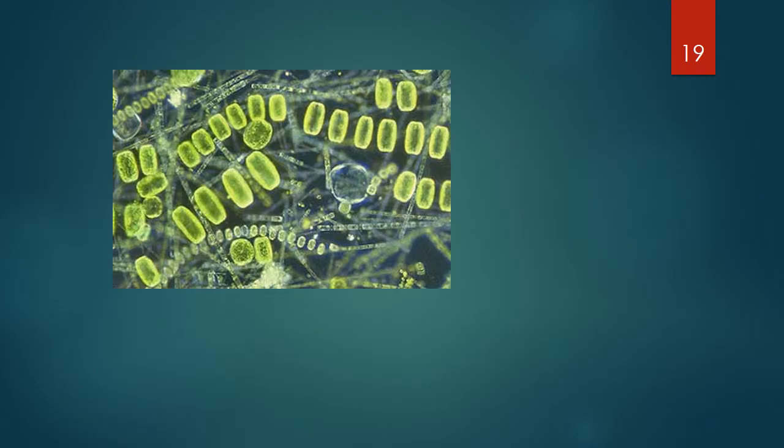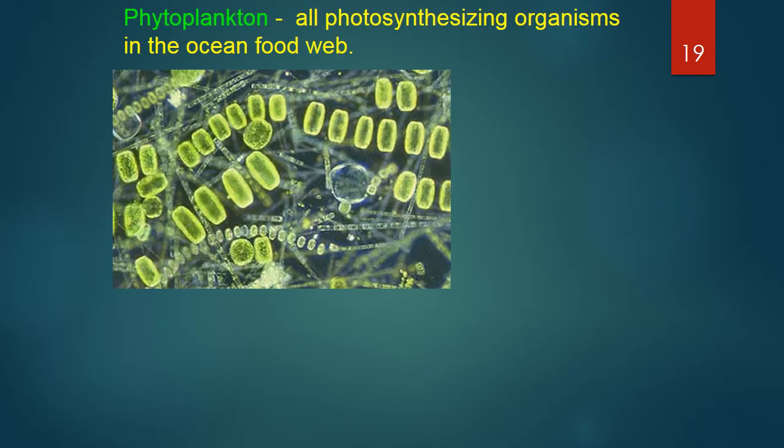Okay, so far, all of the protists we've been talking about make up what we call the phytoplankton. And they have been photoautotrophic, or with the Euglena it does cross over a little bit. But just so you know, phytoplankton is all the photosynthesizing organisms in the ocean, at the base of the ocean's food web.